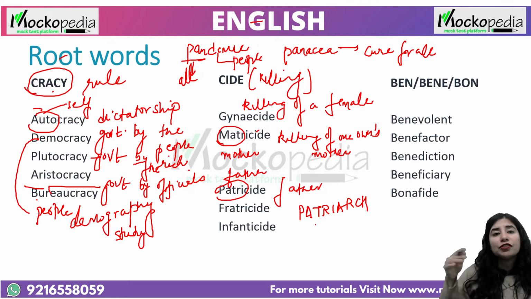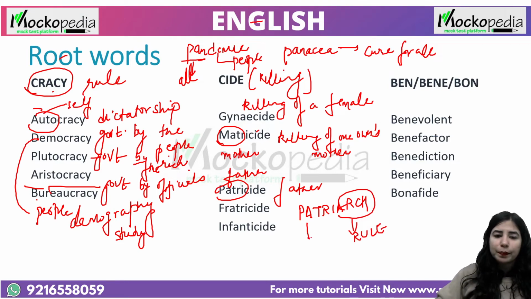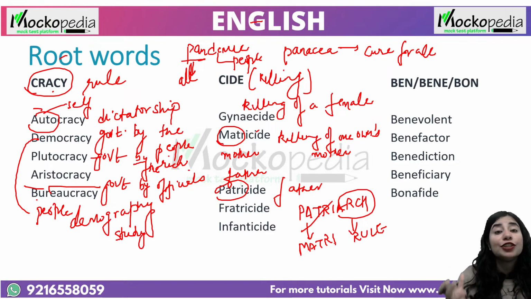Patriarch means your father is considered to be the head of the family, right? Arch stands for rule and patri stands for father. Now if I replace patri with matri, we get matriarch. In the northeast part of the country we have matriarch societies where the mother is considered to be the head of the family.